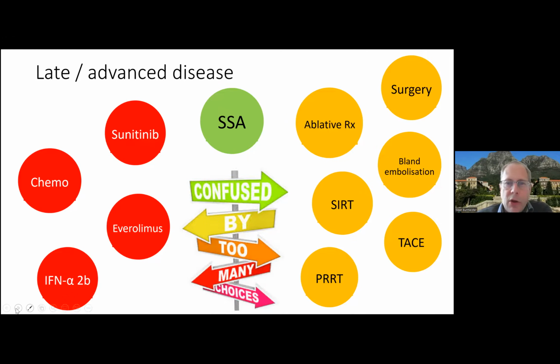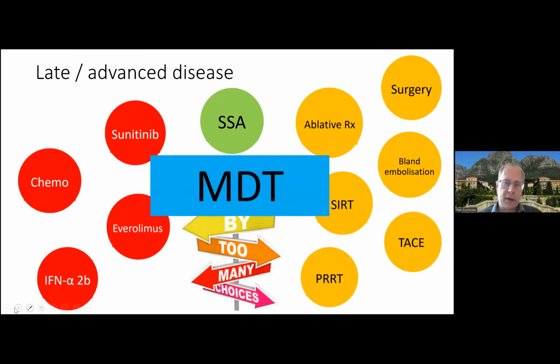Okay, but when you consider all of this, once again, these patients really are best managed in a well-constructed MDT. That means you need oncologists who are experienced with all of the therapies. You need endocrinologists to aid with diagnostic workup and considering the various options in terms of localization.